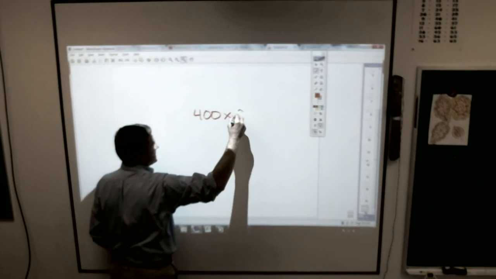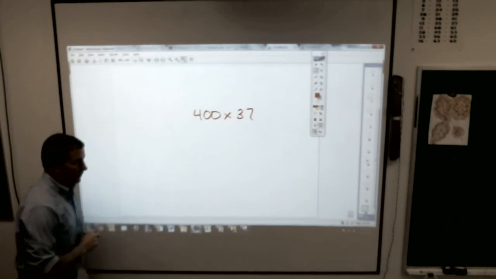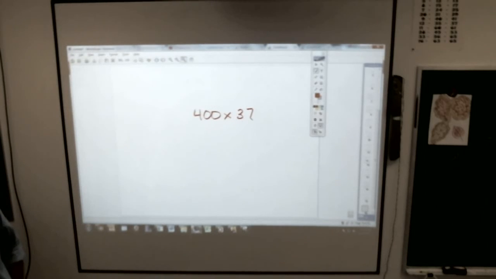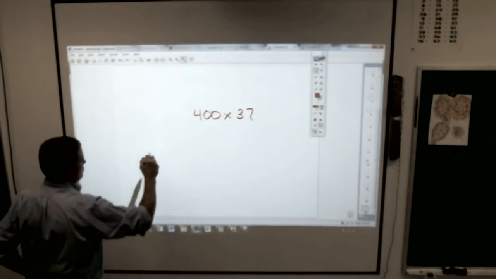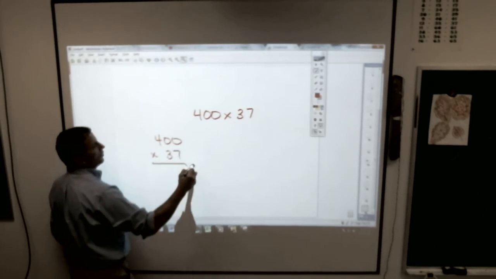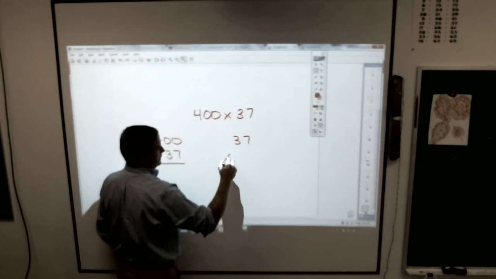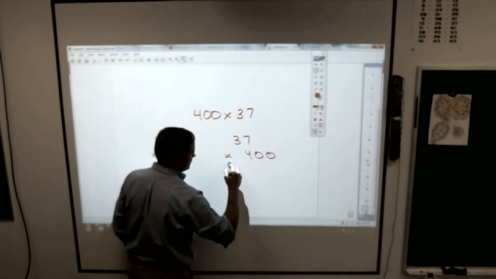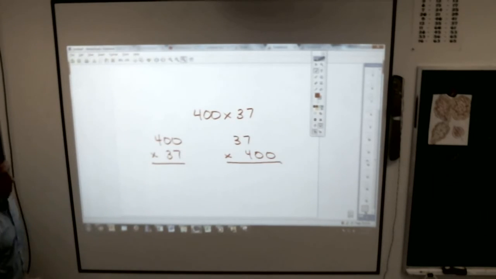Now, please note, how about this one? 400 times 37. Because of what property of multiplication am I allowed to write this problem like this, or I can write this problem like this? Because of what multiplication property is it?